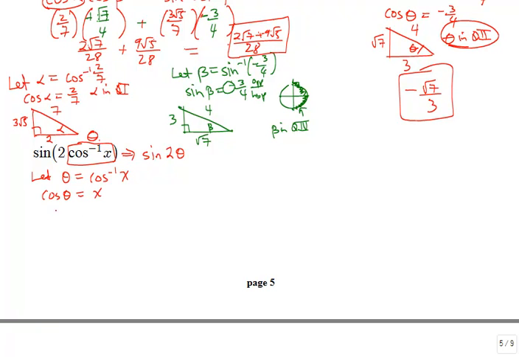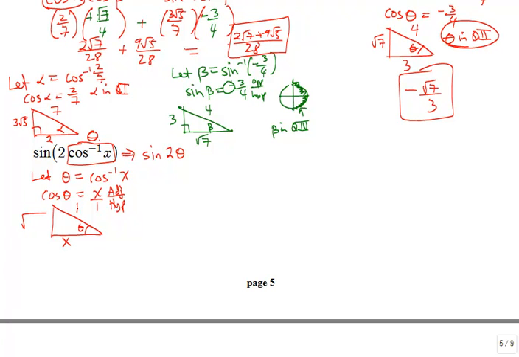Normally at this point we would draw a triangle. Our angle is this theta, and if cosine is adjacent over hypotenuse, that's what this x needs to be. So I'm going to make this x over 1, letting the adjacent side be x and the hypotenuse be 1, and look at what the Pythagorean theorem tells me.